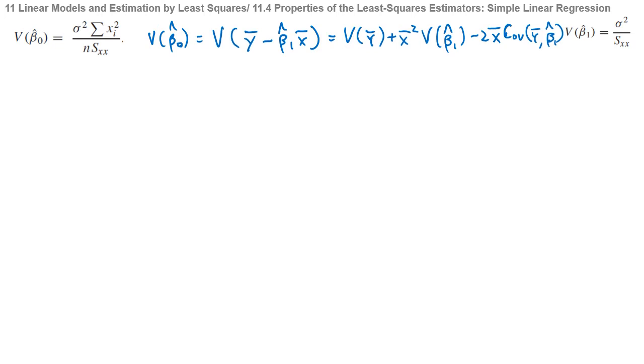So in this part we need to calculate these three terms.